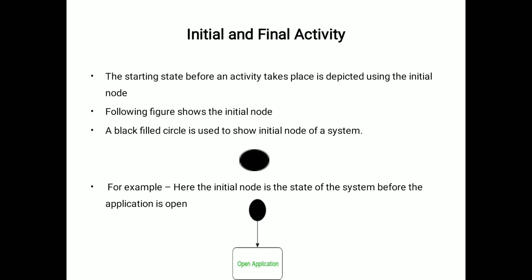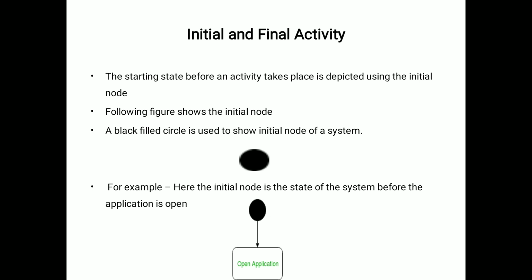The starting state before an activity takes place is depicted using the initial node. Now see the following figure. A black filled circle is used to show initial node of a system. For example, here is the initial node, that is the state of the system before application is open.